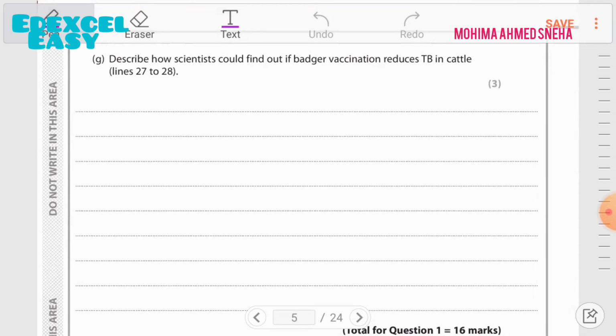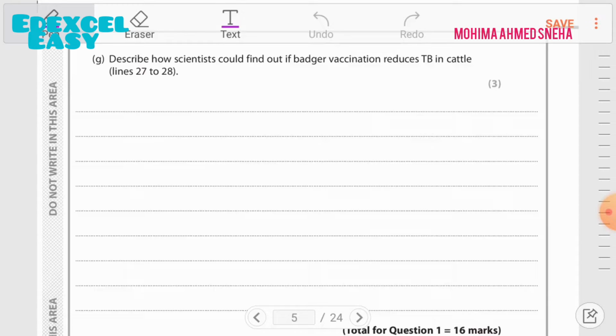Describe how scientists could find out if badger vaccination reduces TB in cattle. So whenever we need to find out if one treatment or one solution is effective or not, we need to always take two different observations. One observation containing the treatment and another observation not containing the treatment.